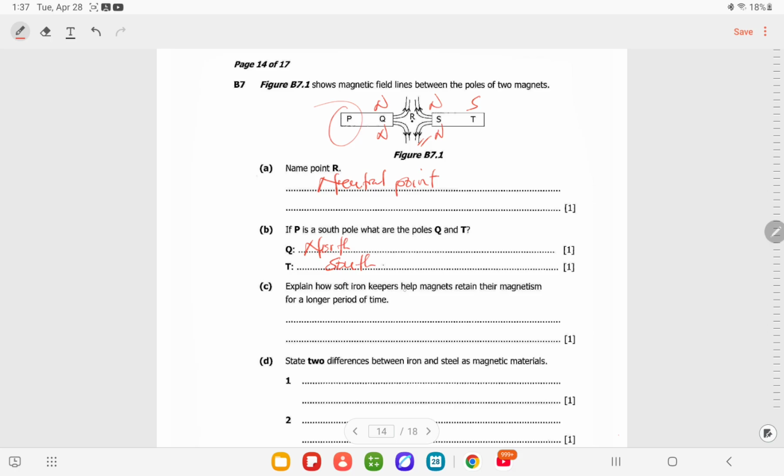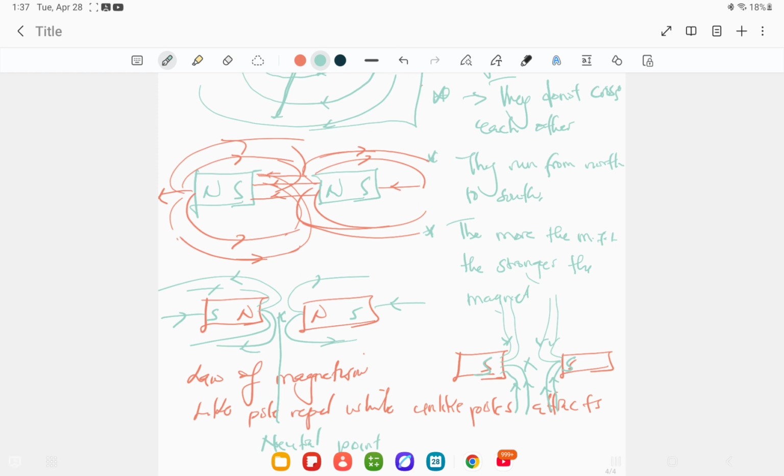Explain how soft iron keepers help magnets retain their magnetism for a longer period of time. Okay, so let's look at this. If you talk about magnetic keepers, we're looking at how we can retain the strength of a magnet for some time after leaving it, without using the same magnet.